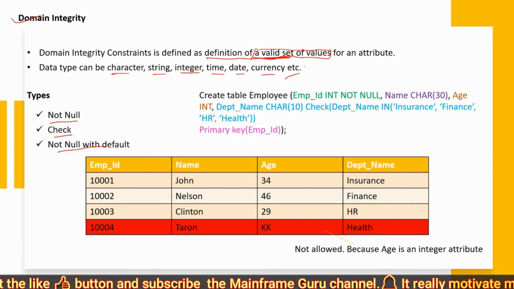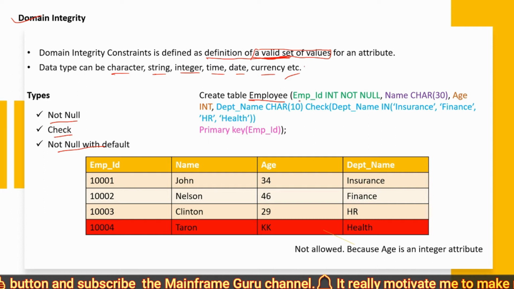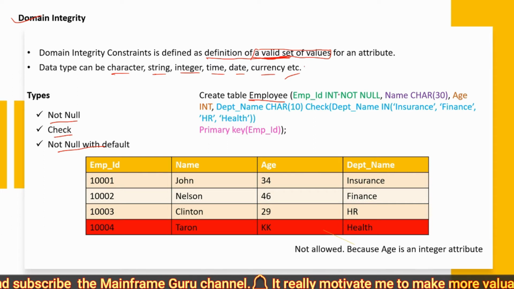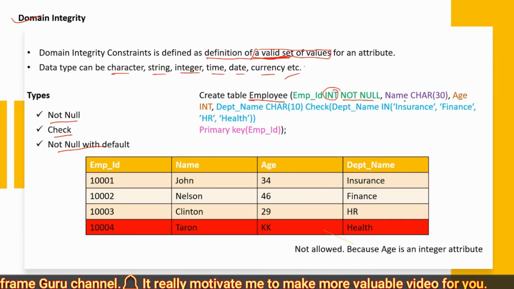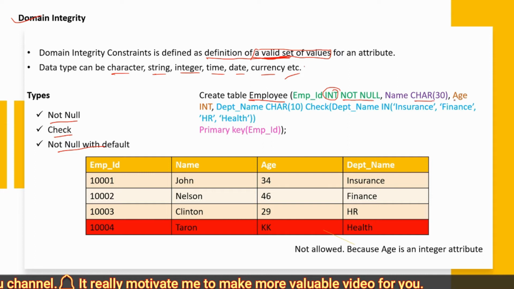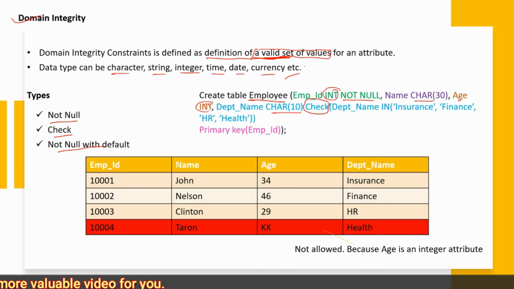Like here we have created one employee table, and employee id is of integer type, and it has constraint not null, and name has character type, and age has integer type. Okay, and department name has character type. And we have used check here. Check is used so that we have to enter only these entries into the department column, like insurance, finance, hr, or health.